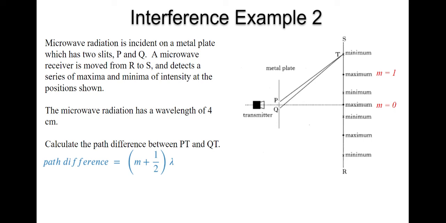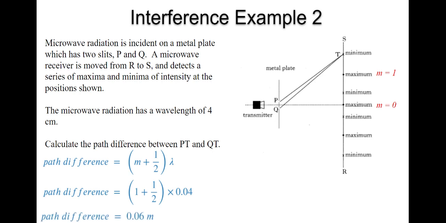Therefore, the minima above that happens where the path difference is 1.5 wavelengths. So path difference equals 1 plus a half times our wavelength, which is 4 centimeters or 0.04 meters. Therefore, the path difference is 0.06 meters.